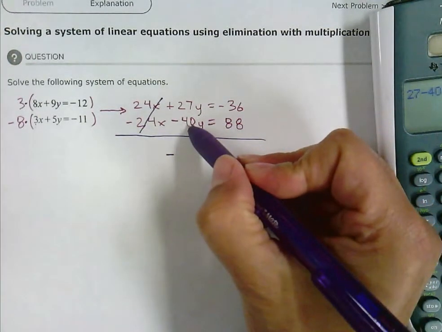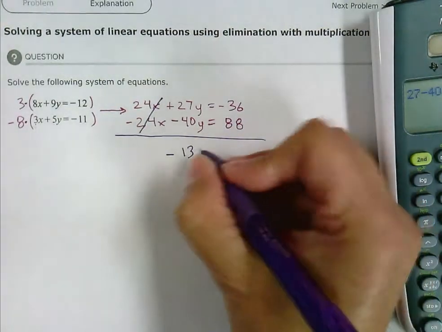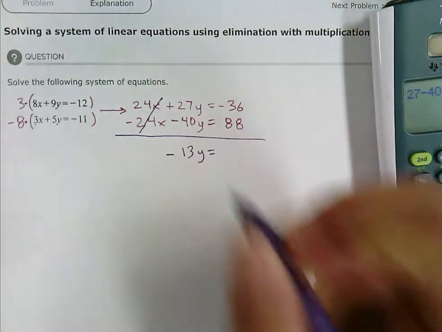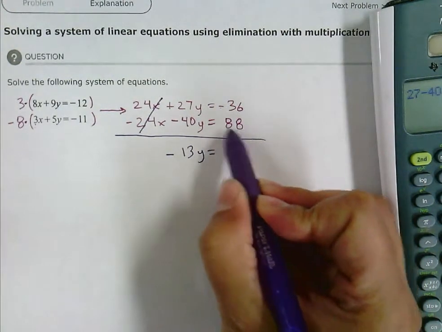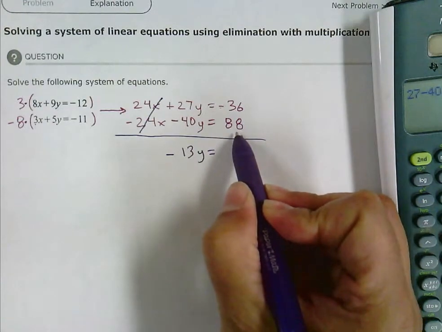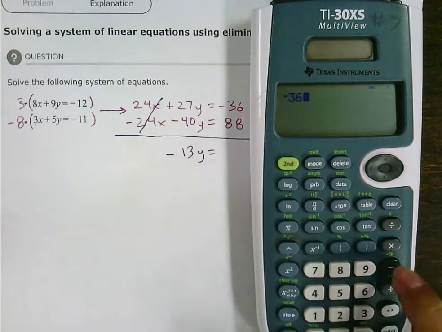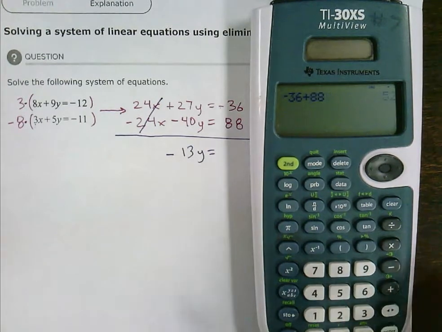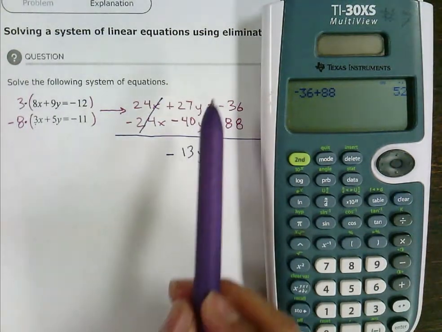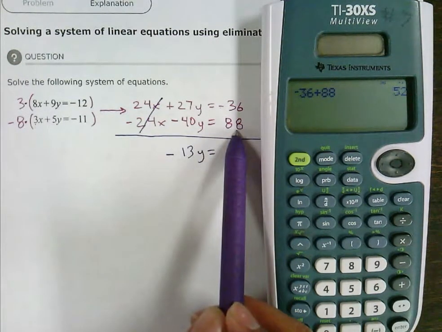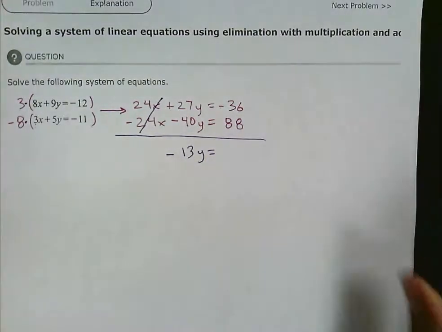And how much bigger is 40 than 27? It is 13 bigger. So therefore that is negative 13y equal to negative 36 plus 88, since that's a positive 88. You can, again, add that directly as negative 36 plus 88 to get positive 52. Or you can think of it backwards as positive 88 minus 36, and that also results in 52.